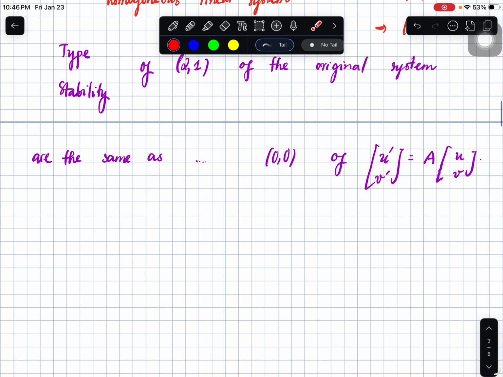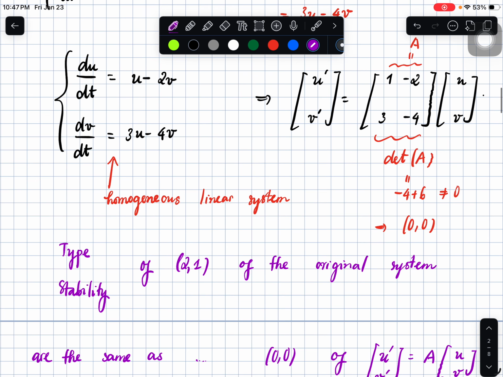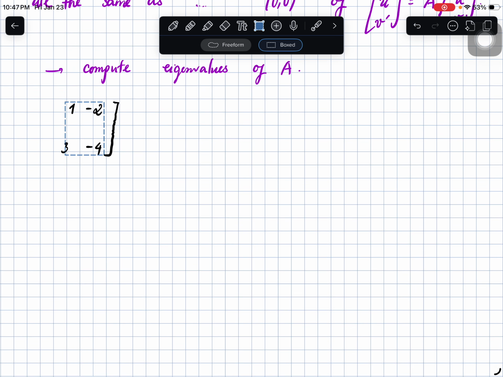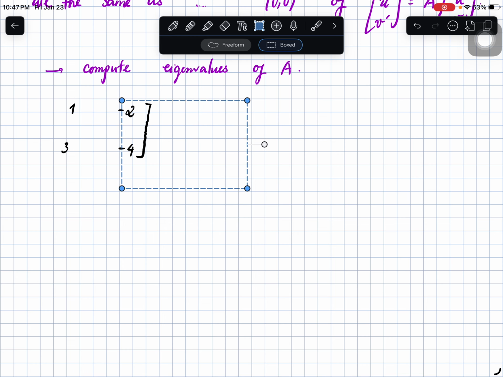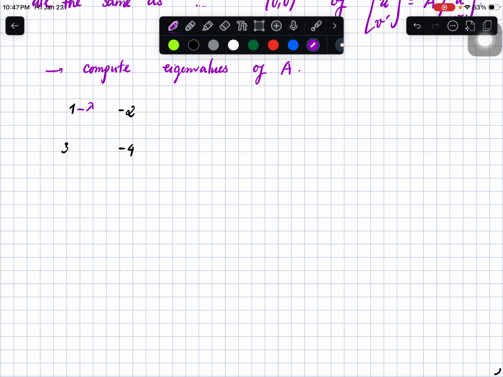So now we use the eigenvalue method. We compute the eigenvalues of A. Matrix A is 1, minus 2, 3, minus 4. Compute the determinant of this one.